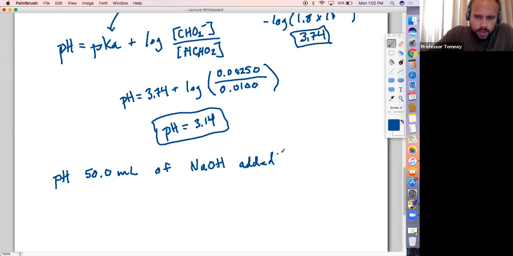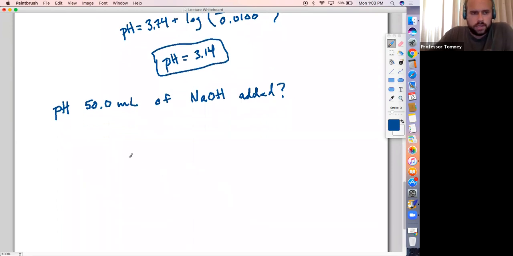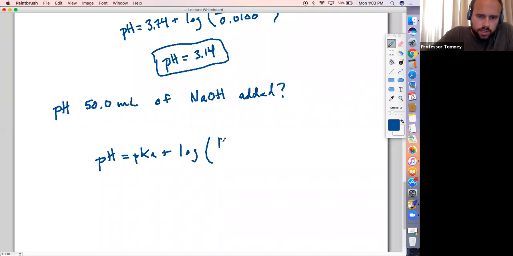Now, here's what I want you to think about. You can no longer, unfortunately, rely on the Henderson-Hasselbalch equation, because this says that pH is equal to pKa plus the log of, and I'm just going to abbreviate here for the sake of time, A minus over HA. So it's the formate ion over formic acid.